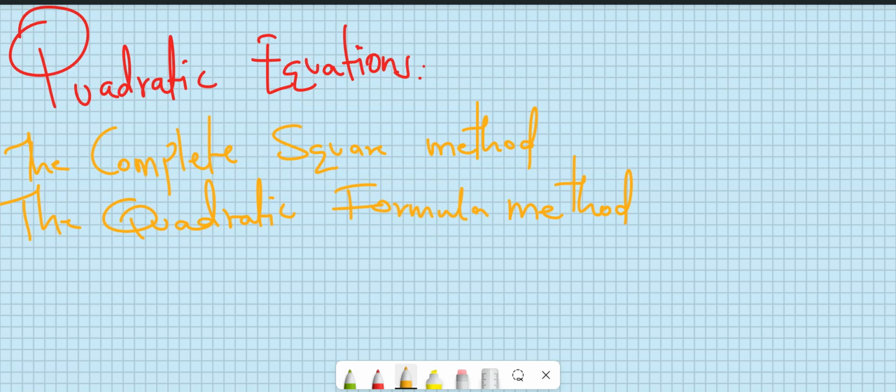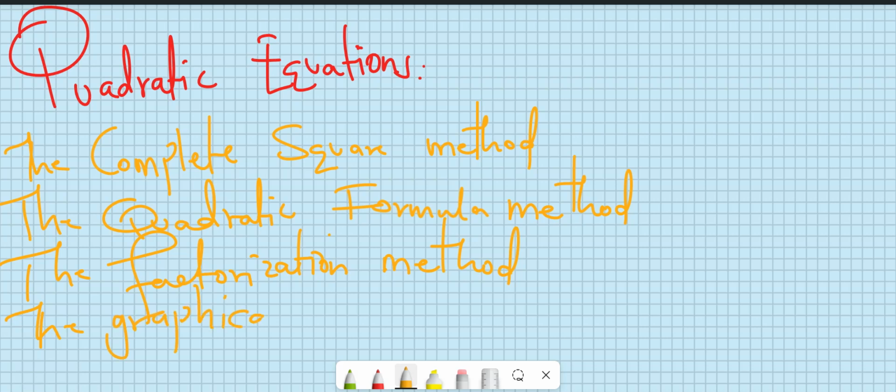The third method is called the factorization method. Then the last one is called the graphical method.